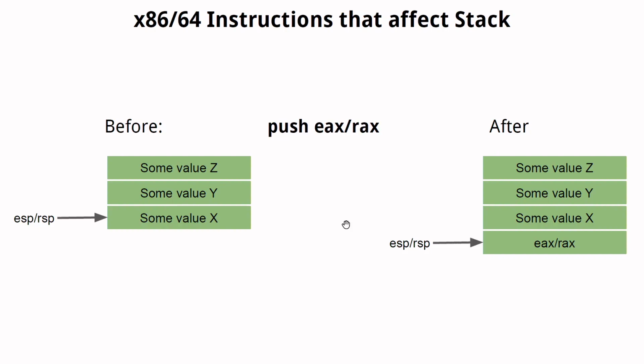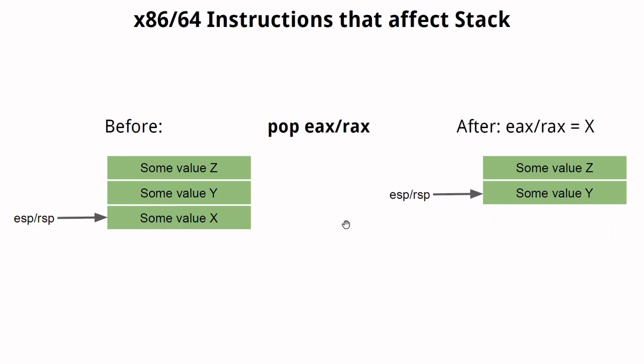We assume that memory right now has three values, Z, Y, and X, and the ESP or RSP points to the value X. Now we execute this instruction, then the value in EAX will be pushed several bytes lower, and ESP will also move down several bytes. If it's EAX, it's 4 bytes. If it's RAX, it's 8 bytes.